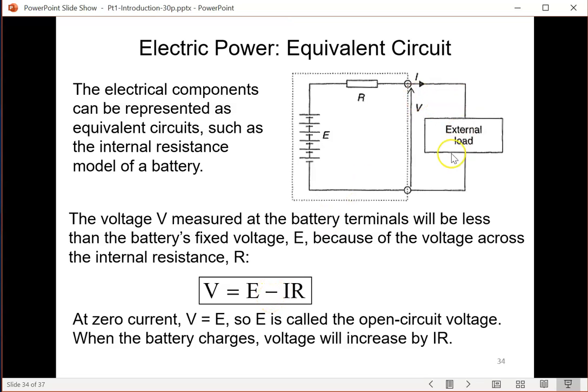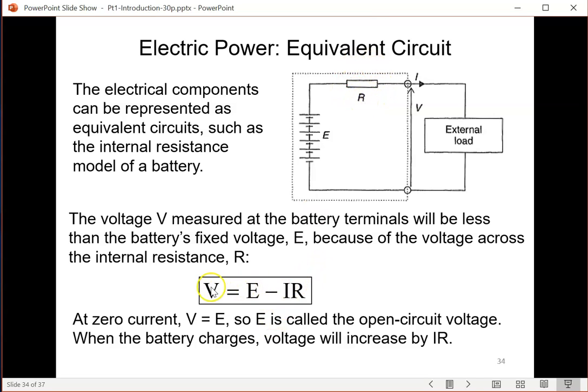If you disconnect that load, when there is no node, then this current equals 0. It does not have current because you open the circuit. When this current is 0, I times R equals 0.